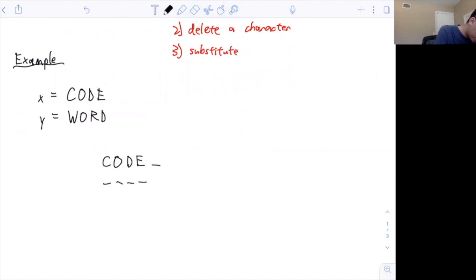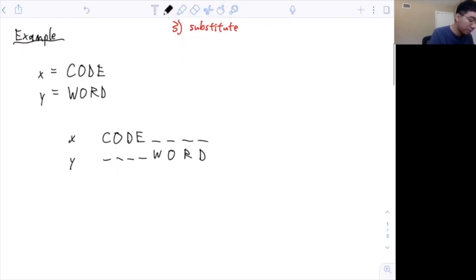So we insert a W, we insert an O, we insert an R, and then we insert a D. Again, this top string is x and the bottom string is y, and each vertical segment here represents a change to a certain character. In this case, the C gets deleted, and in this case, a W gets inserted. So this uses 4 deletions and 4 insertions, so 8 edits total.